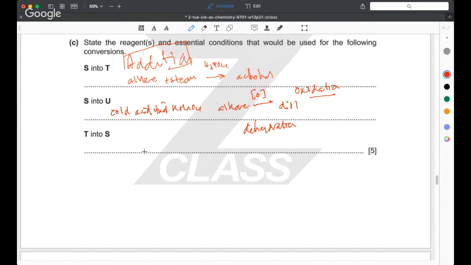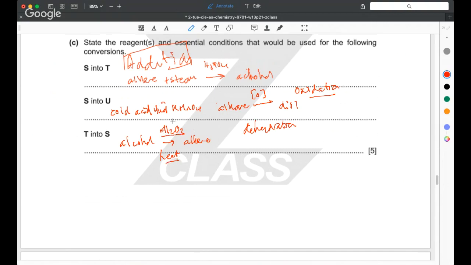And for the dehydration of an alcohol, where you've got an alcohol going to an alkene, you need aluminium oxide, and you can be heating the alcohol and passing it over aluminium oxide to dehydrate it and get the alkene. And to get the mark here, you had to have both aluminium oxide and heat.